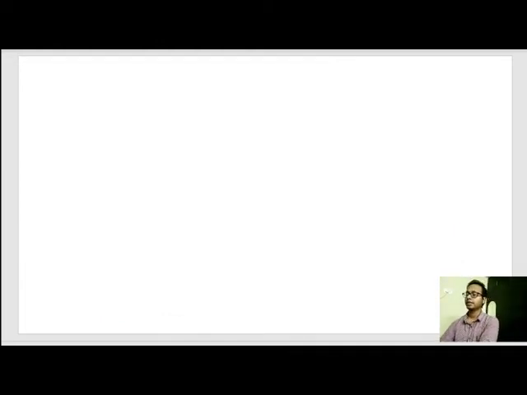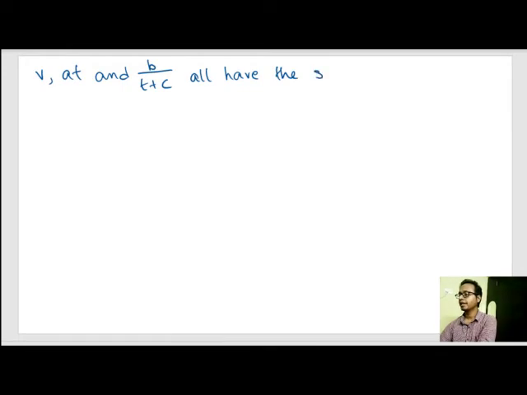That means v, at and b by t plus c all have the same units. That means the unit of v, or unit of velocity, is meter per second, or let's write it down.